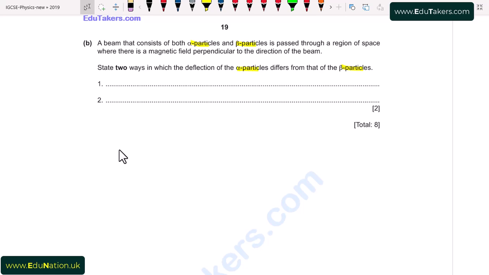First of all, the alpha particles are positively charged and beta particles are negatively charged. So when they pass through the magnetic field, there will be deflection and both of them are deflected in opposite directions because of the opposite sign of charges. So first of all, I write here deflect in opposite direction.